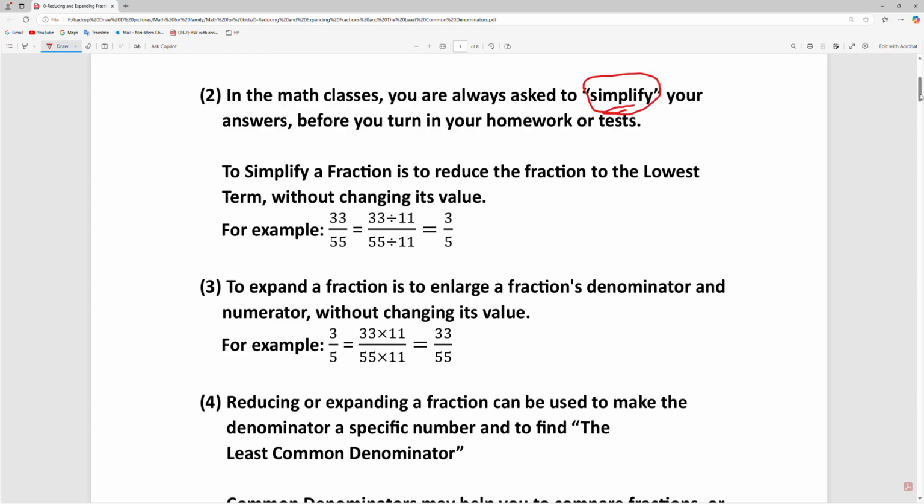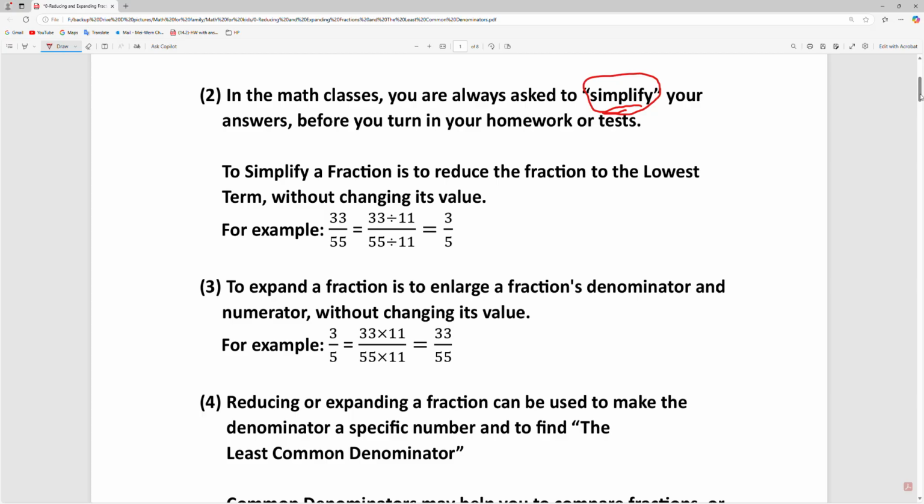Simplify. Now, simplify this word. You may find it everywhere in your math textbook, homework, or test. Depending on what type of subject or content you are learning in math class, simplify has different rules in different situations.